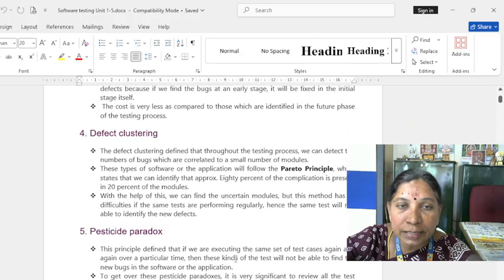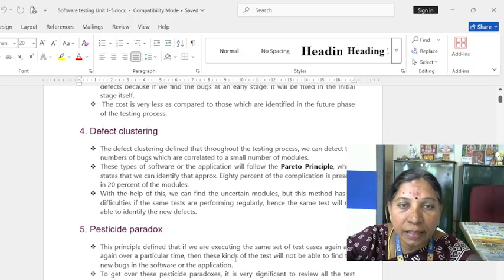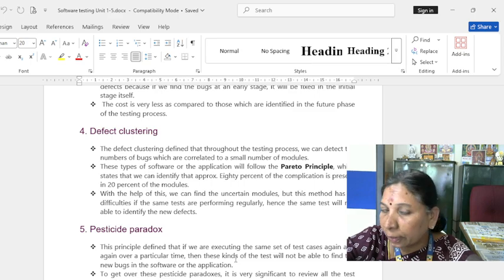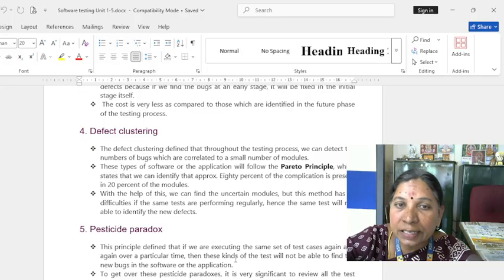Okay, next one is defect clustering. Defect clustering defines that throughout the testing process, we can detect a number of bugs which are correlated to a small number of modules. Okay, here defect means bugs. The same nature of bugs or errors are identified together. And the second point is that these types of software or applications follow the Pareto principle.